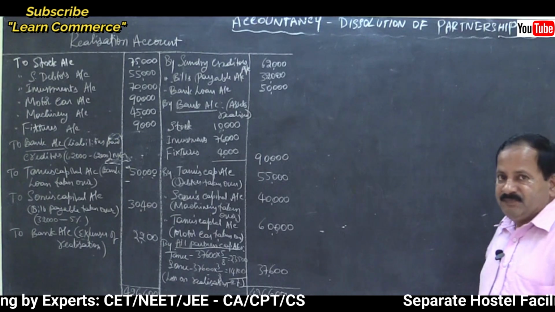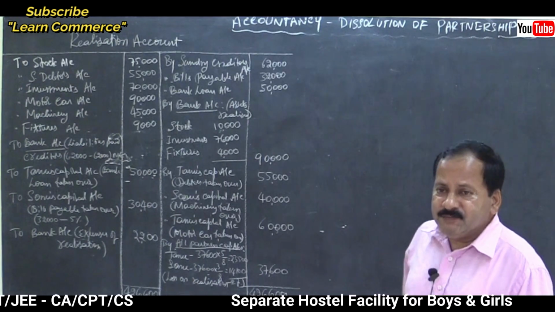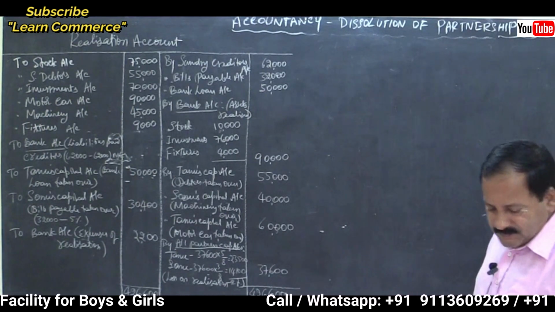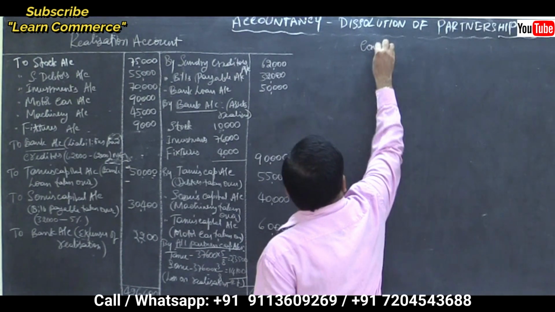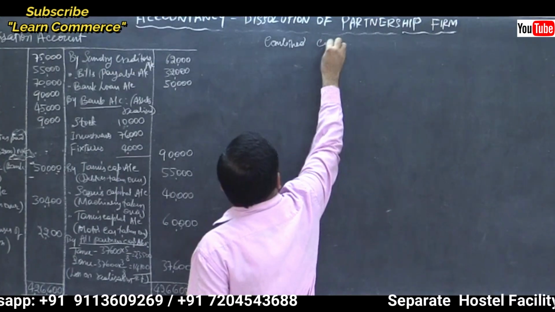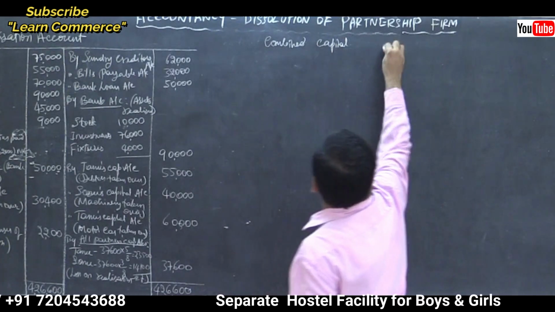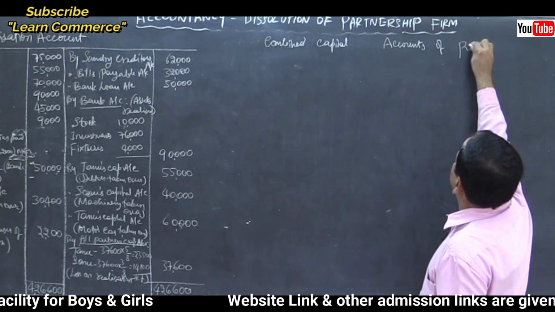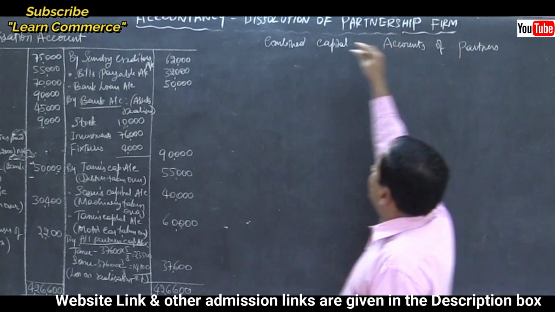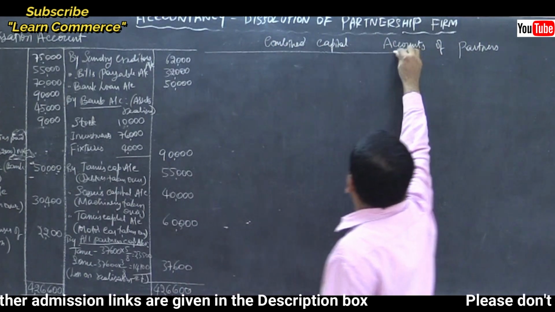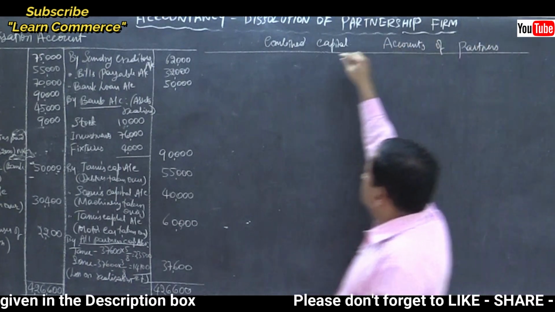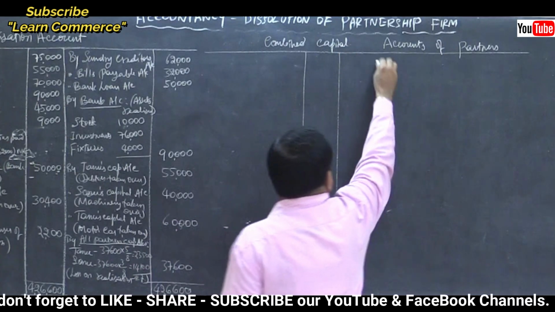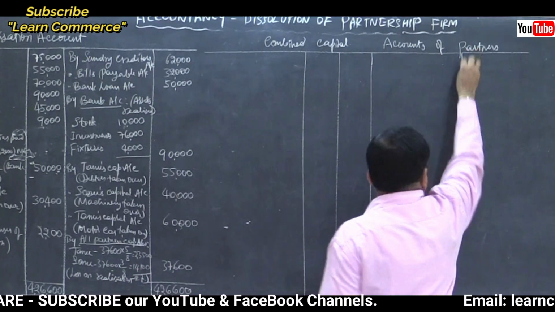That is, the realization account is done. Now let us move on to the combined capital accounts of partners. So start. Combined capital accounts of partners. Only two partners, so provide 2 columns each on either side.